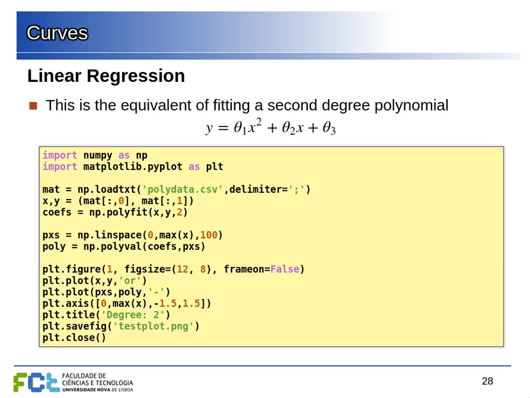And then I create a figure. I plot the original data with red circles, so this 'or' is a circle in red. Then I plot the line with a dash for the polynomial, and then I save the image and so on. There's no need to go into much detail here because this is obvious: setting the size, the X label, the title, saving the image and closing the plot.